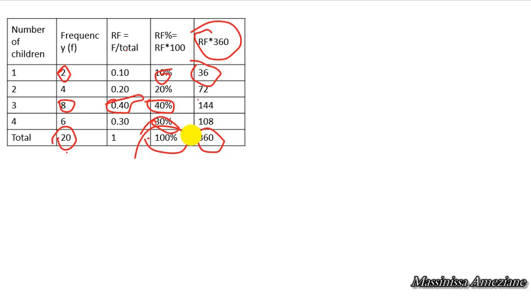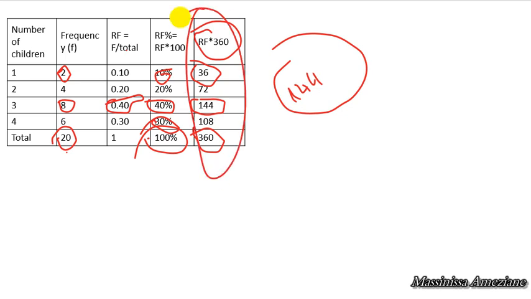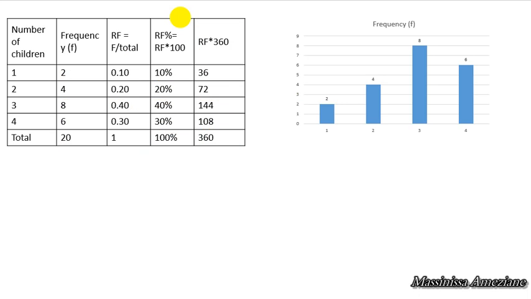So for example, the families that have 3 children represent 40%, and it takes 144 degrees from a circle of 360. This is useful when we want to draw the pie chart.